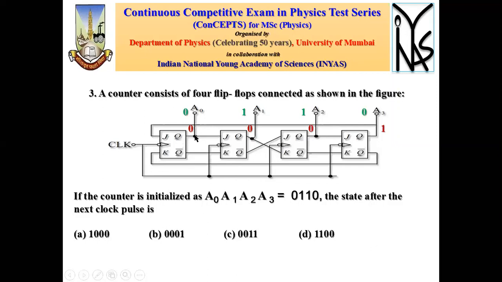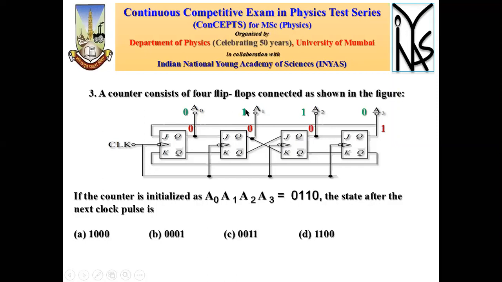Let us try to solve it. This is J1, which becomes Q0. A0, 0 is given to J, so Q will become 0.